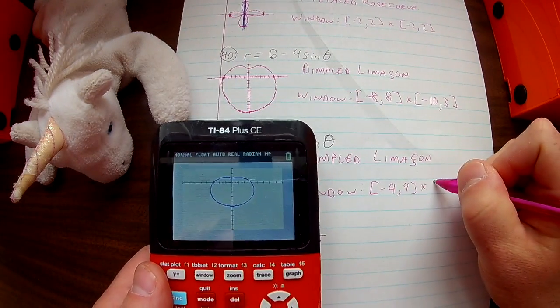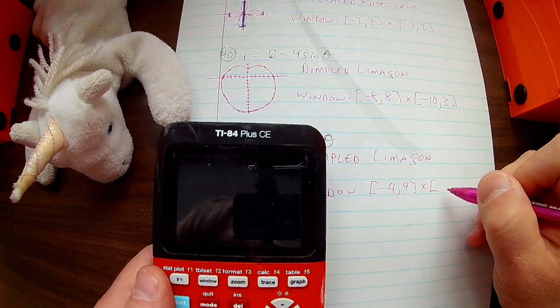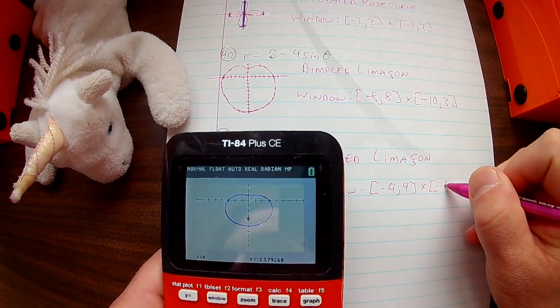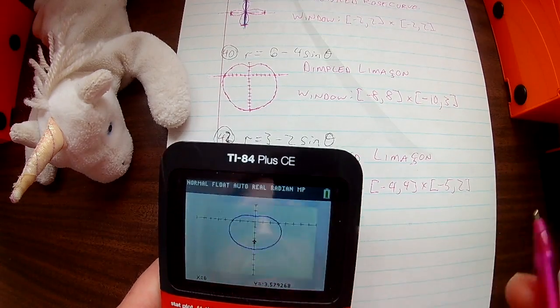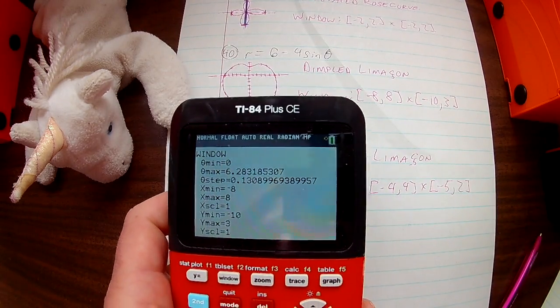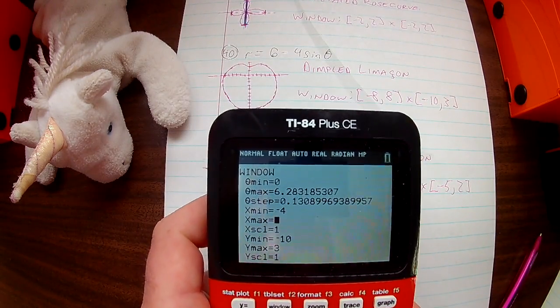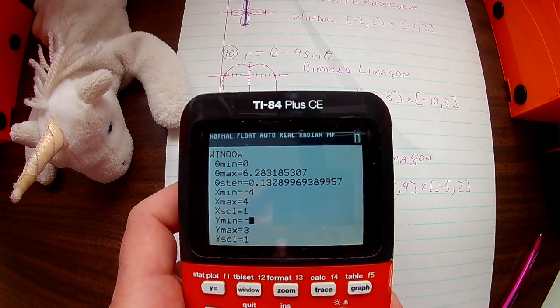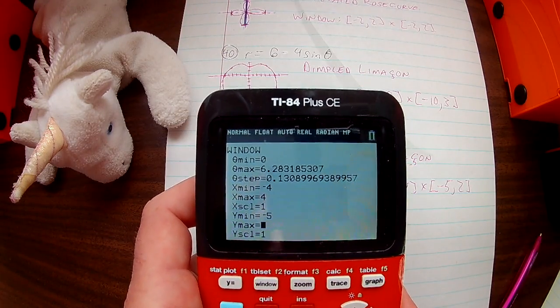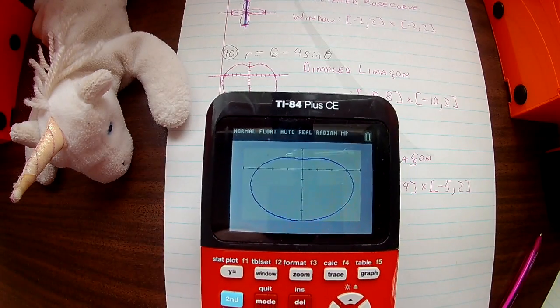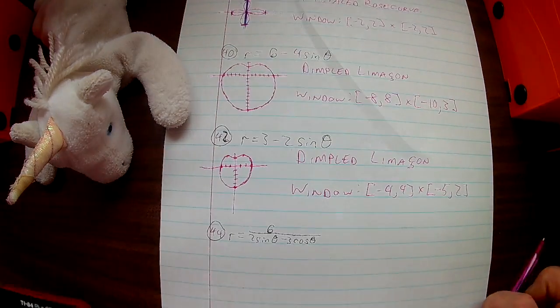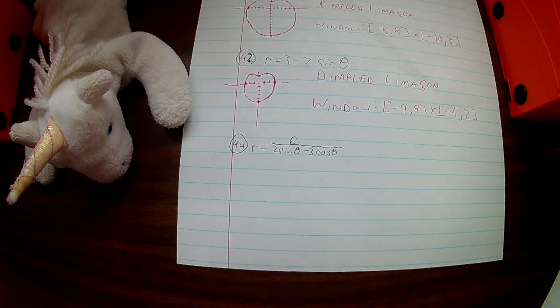And by, what did we say? It went down to -5. -5 up to, I'd say up to 2 to get the tops of those dimples there. And just to show you what I'm talking about here, -4 to 4, whoopsies, -5 to 2. And just see, it just fills it up a little bit more, just to make it look a little bit better.